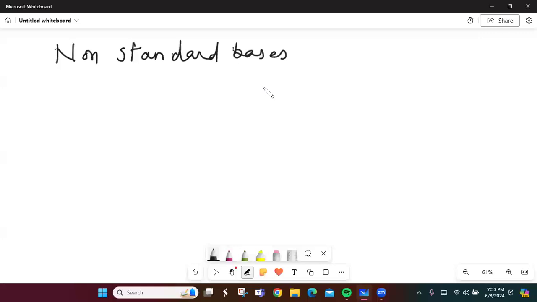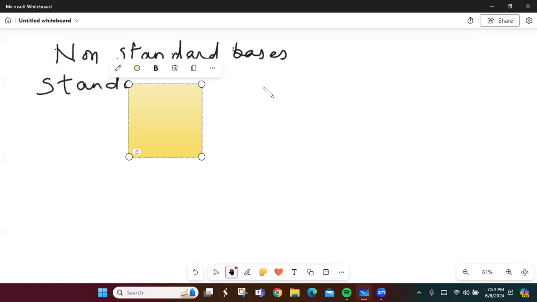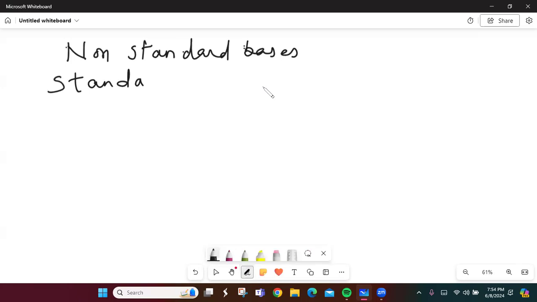Already we have discussed the concept of standard basis. Now what are the standard basis? Standard basis are the powers of 10.